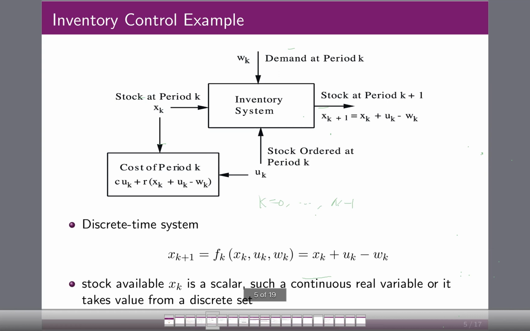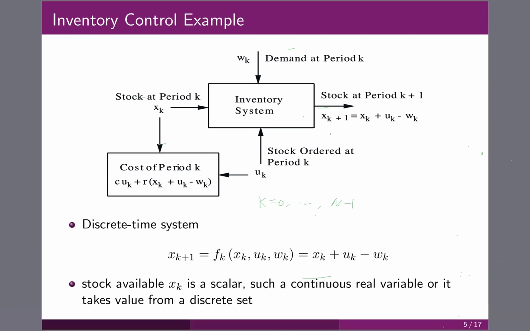And here, xk is a state, okay? xk is a state, representing the stock available at the beginning of period k.